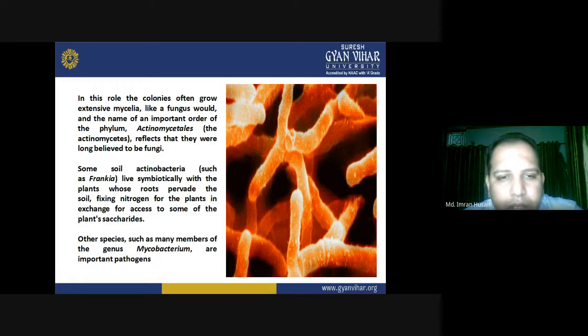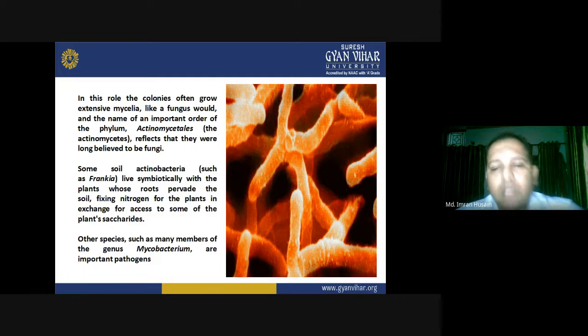So, they were found to be playing a very important symbiotic relationship also, right? Symbiotically, they are very beneficial for the plants as their roots pervade the soil and assist in nitrogen fixation, which is essentially important for the plants.